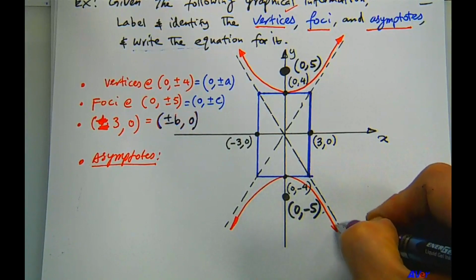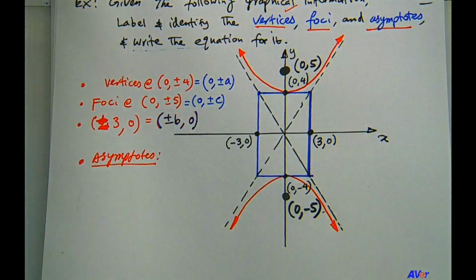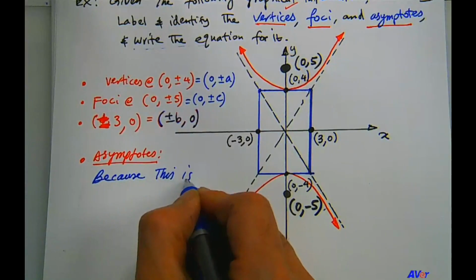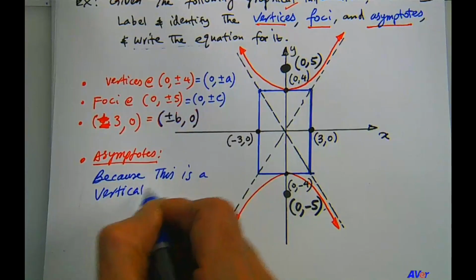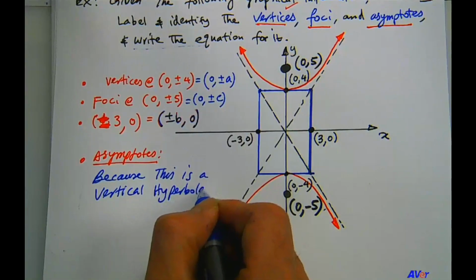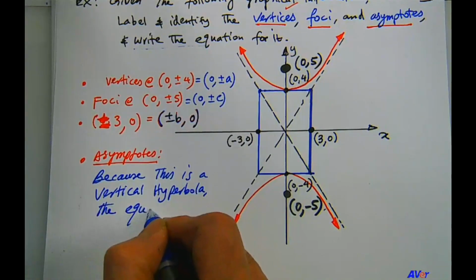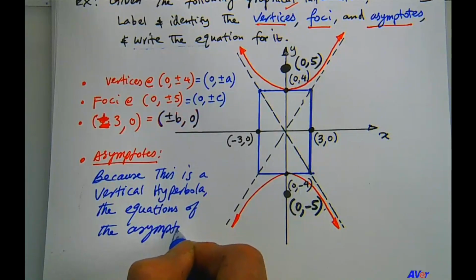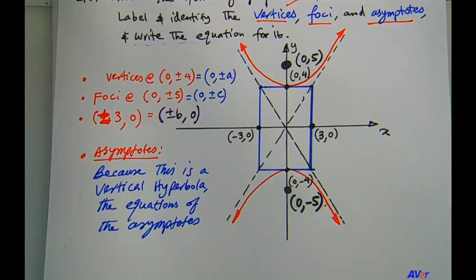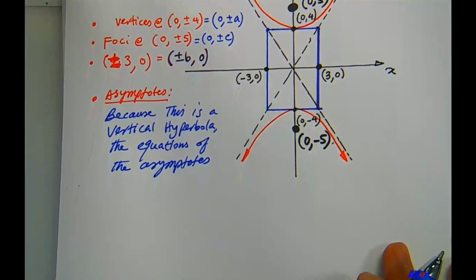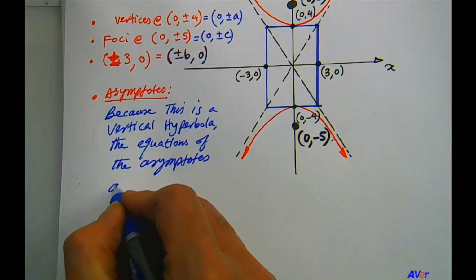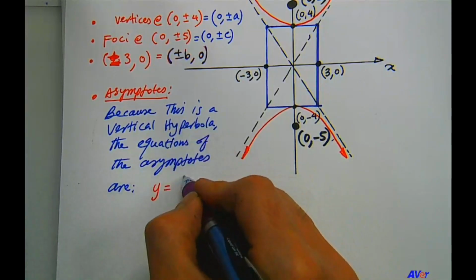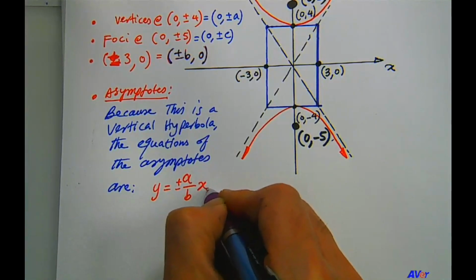Because this is a vertical hyperbola, the equations of the asymptotes are these two: y equals plus or minus a over b times x.